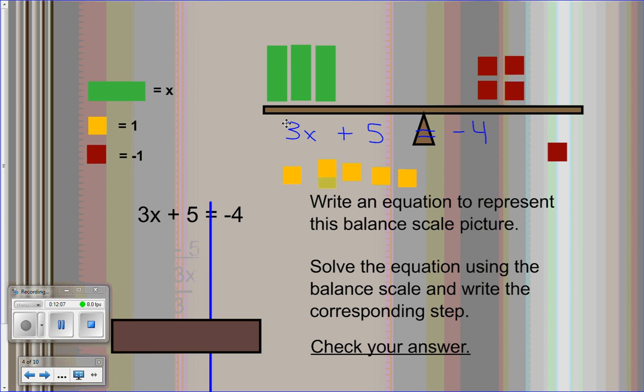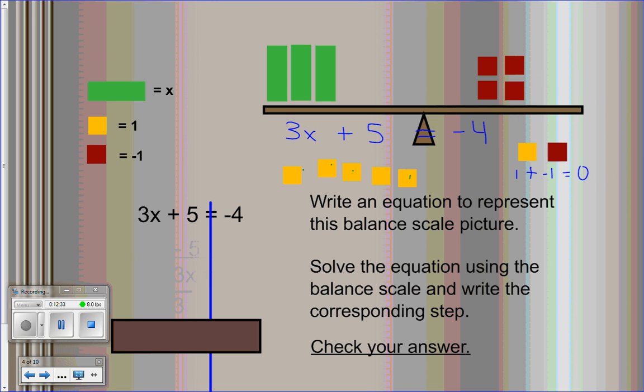If I add a negative 1 and a positive 1, those two together are equal to 0. So I can put as many of those as I want up on the board, and it doesn't change the value. But I only need to put up 5 because that's how many I have. 1, 2, 3, 4, 5. So let's put up 5 zeros on this side.